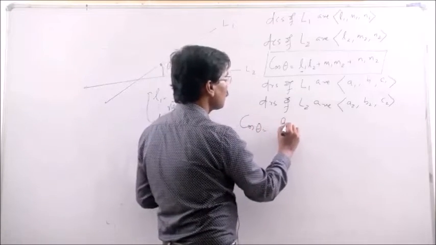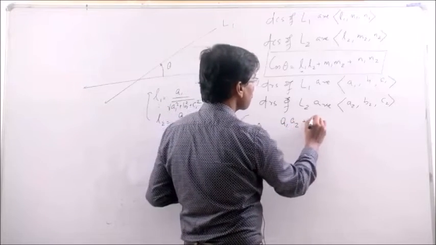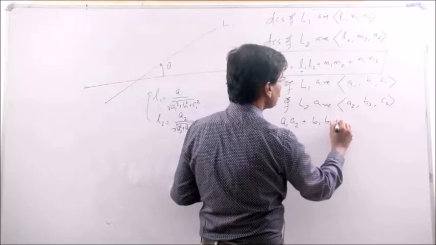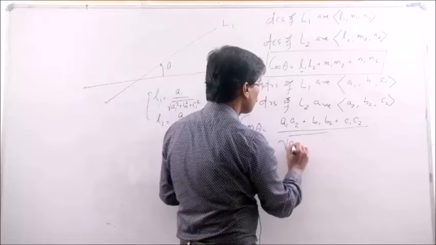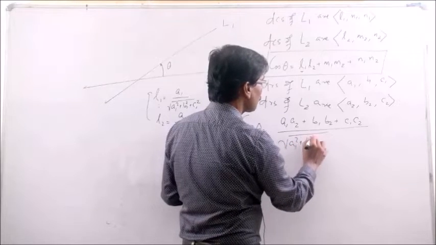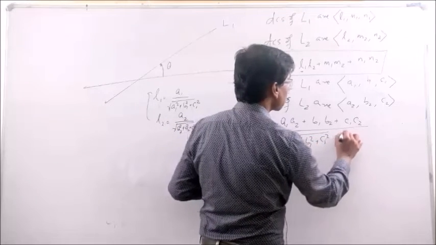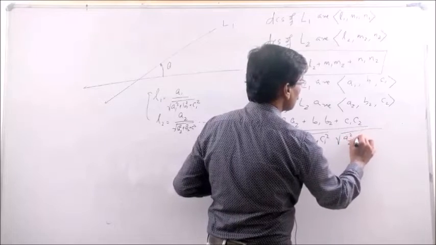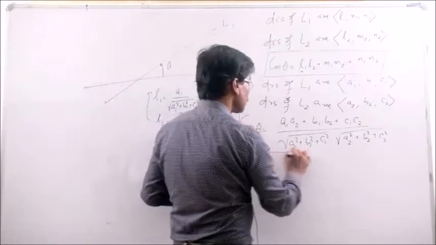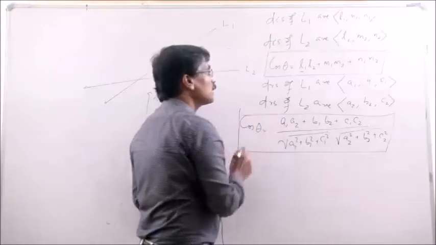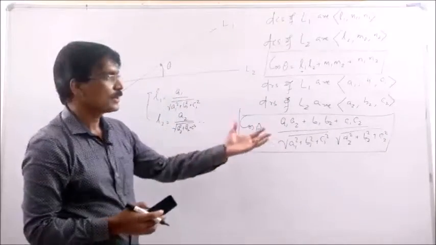So, that is equal to a1 a2 plus b1 b2 plus c1 c2 by root over of a1 square plus b1 square plus c1 square into root of a2 square plus b2 square plus c2 square. So, this is in terms of direction ratios.